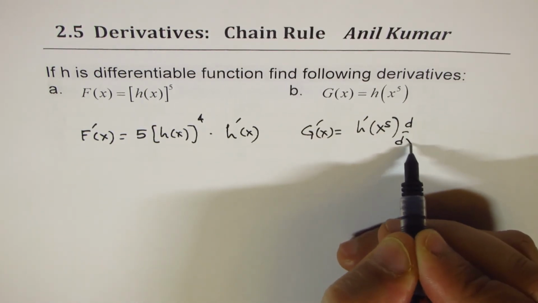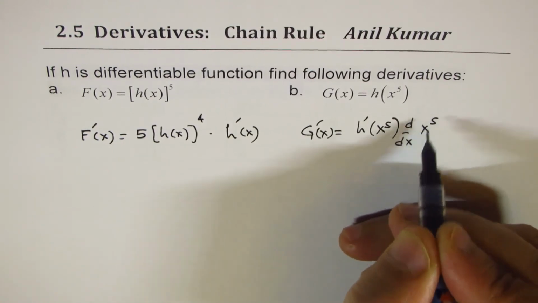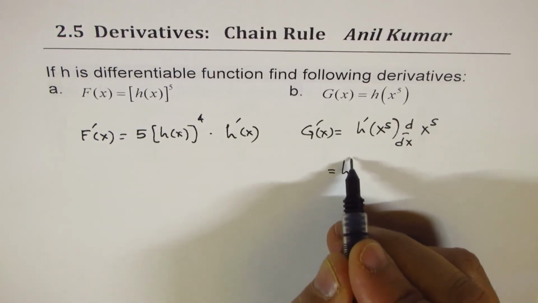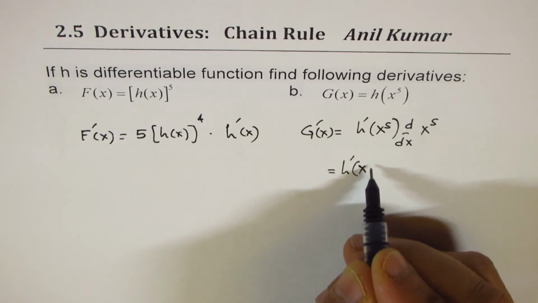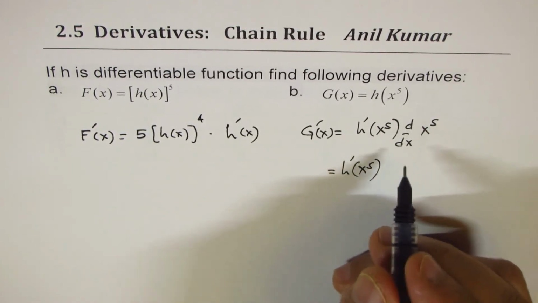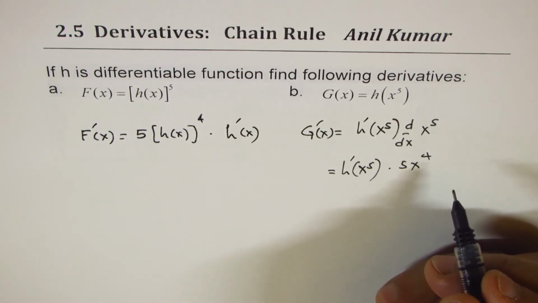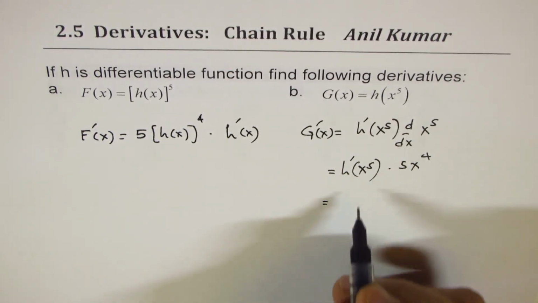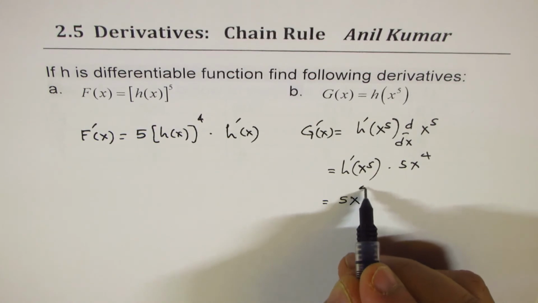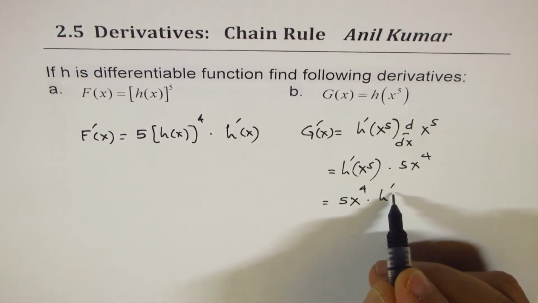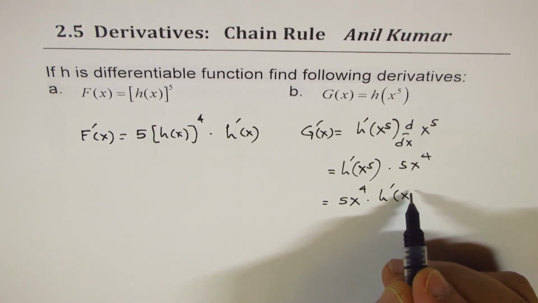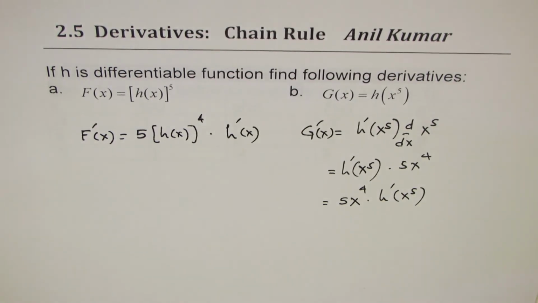So we have d dx of x to the power of 5. So that could be written as derivative of the function times 5x to the power of 4, right? Rearrange and you can write your answer as 5x to the power of 4 times the derivative of the given function. Correct? So that is by definition, and it's a very important question from a test point of view.